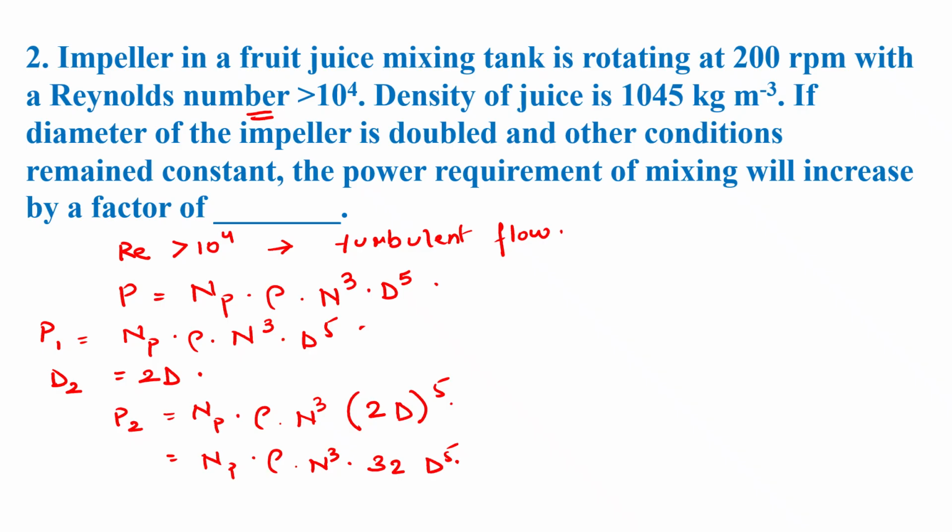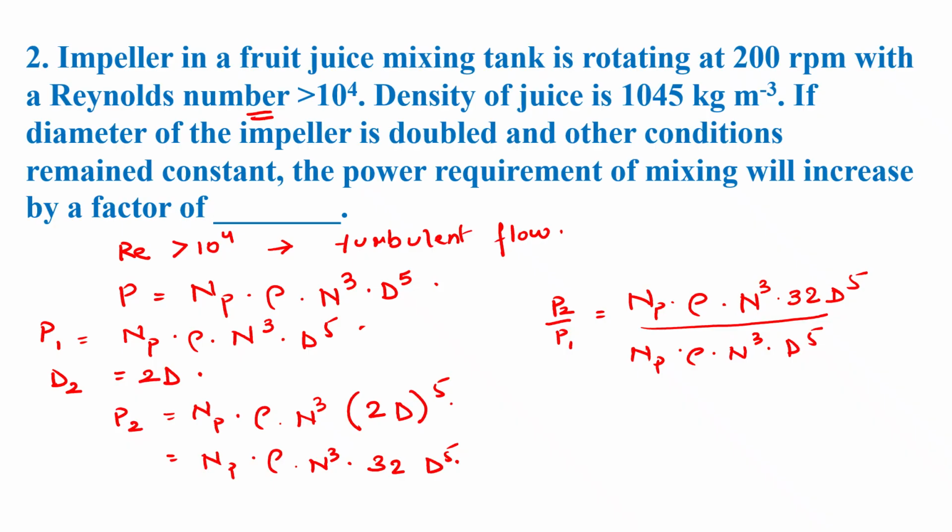Now if we take P2 by P1, it will be NP rho N cube 32 D to the power 5 whole divided by NP rho N cube D to the power 5. So it is equal to 32.